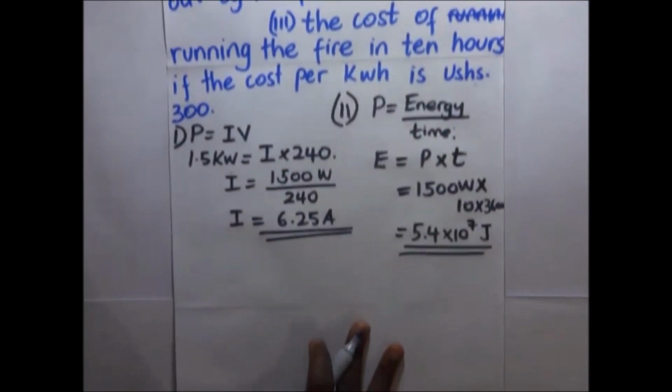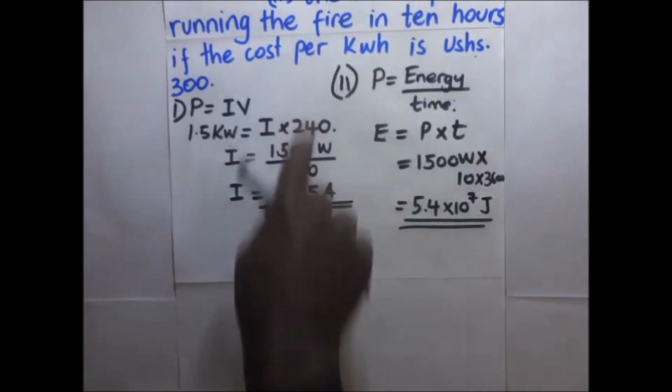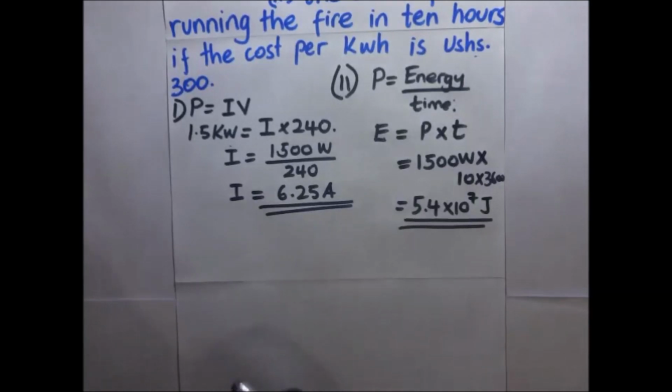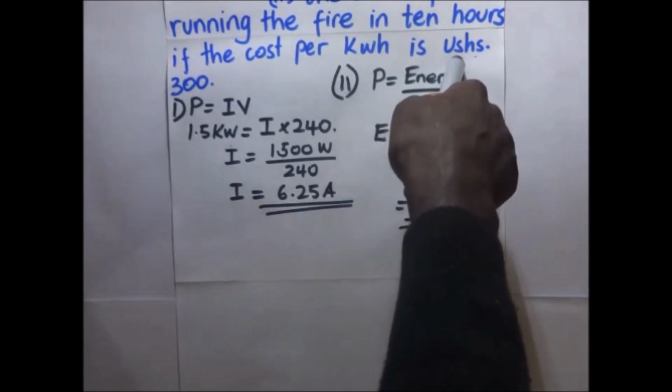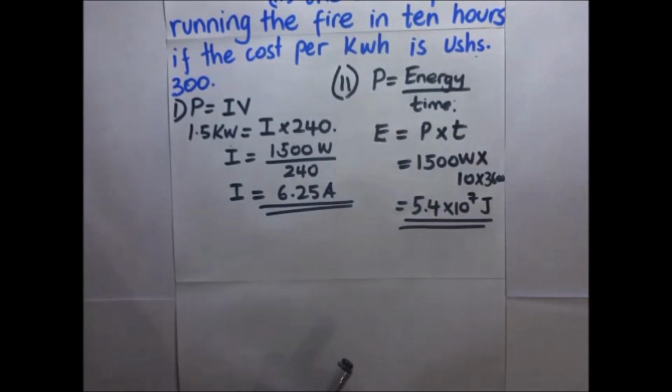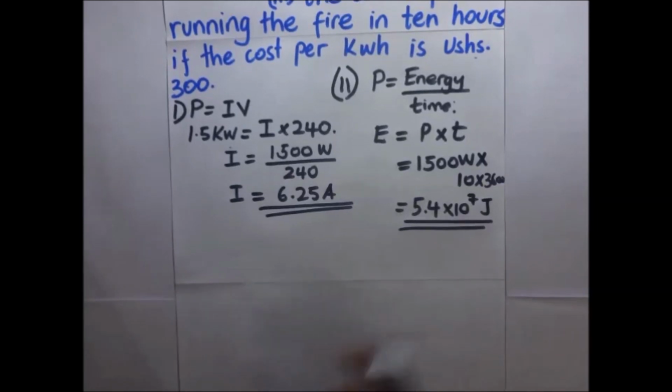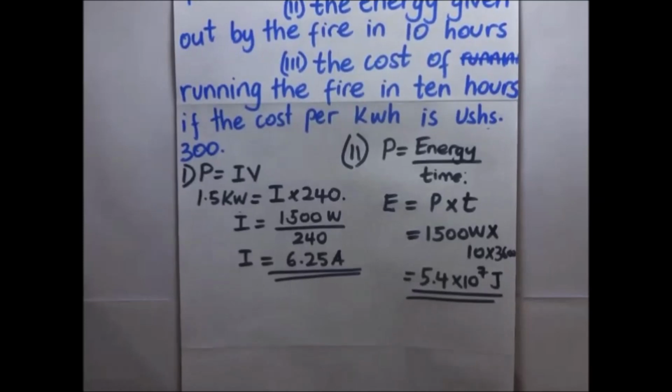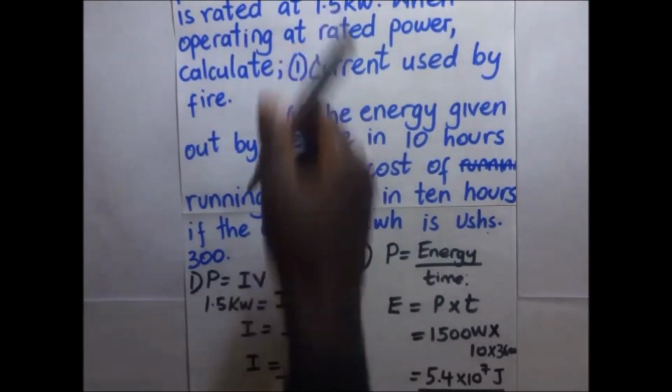So let's look at Roman 3. They're asking us to find the cost of running the fire in 10 hours if the cost per kilowatt hour is 300 Uganda shillings. So now, how many kilowatt hours are generated within 10 hours? So we know that this electric fire is rated at 1.5 kilowatts.